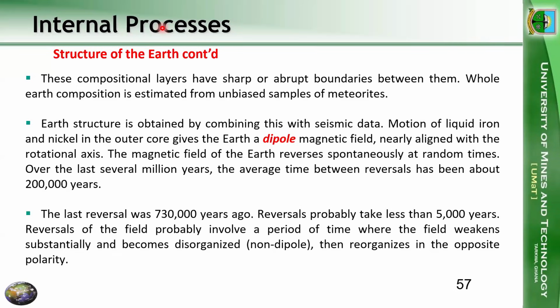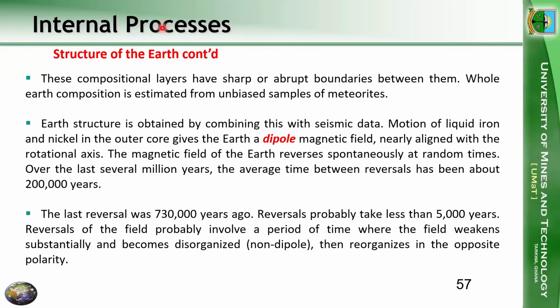Now, we also know that the outer core is liquid, and the iron and the nickel are moving. All right, there are some convection currents. So motion of the liquid iron and nickel in the outer core gives the Earth a dipole magnetic field. All right, a dipole magnetic field. And this is nearly aligned with the rotational axis of the planet.